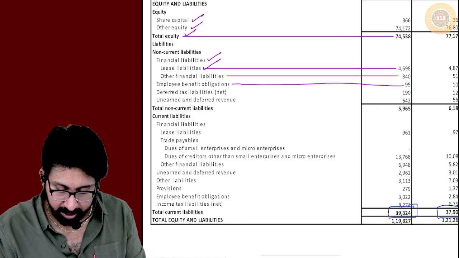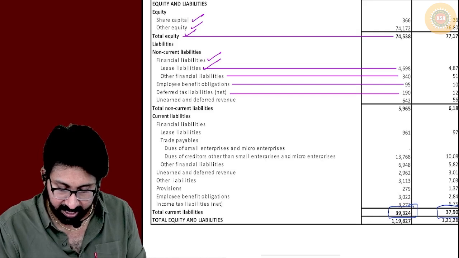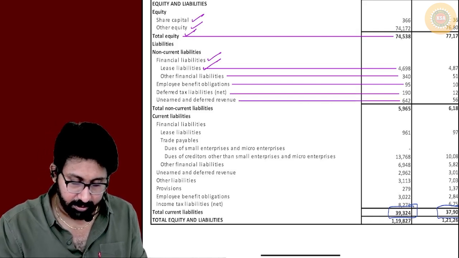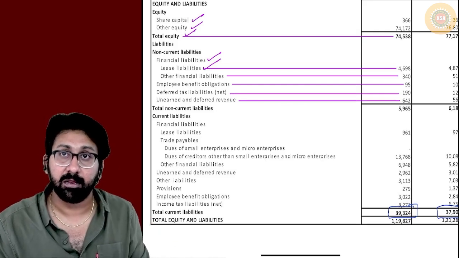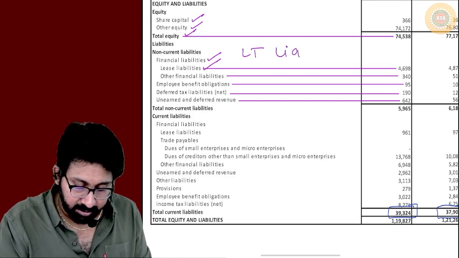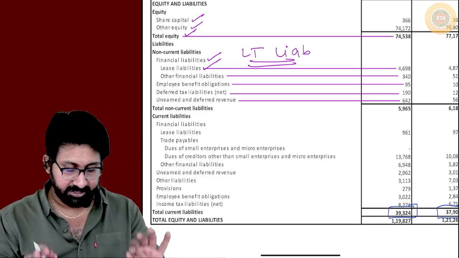Next, employee benefit obligations. Next, deferred tax liability, unearned deferred revenue. These are all non-current liabilities. Technically, these are called long-term liabilities.